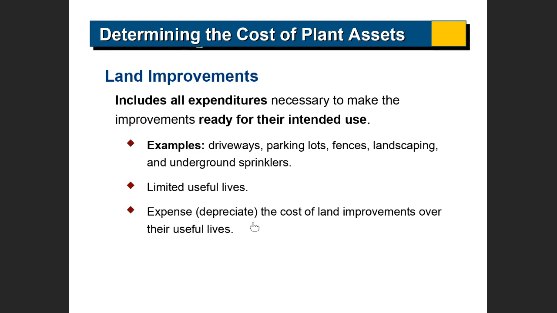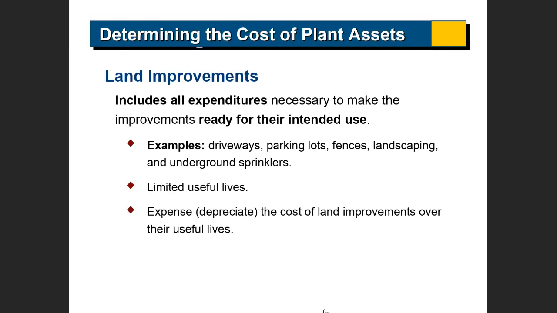If it is expensive and it will last you a long time, like really solid 10-inch boundary walls with decoration, you might want to depreciate that. So it depends on what you're spending and how long it will last. You could either expense it or you could depreciate it. Does that make sense?